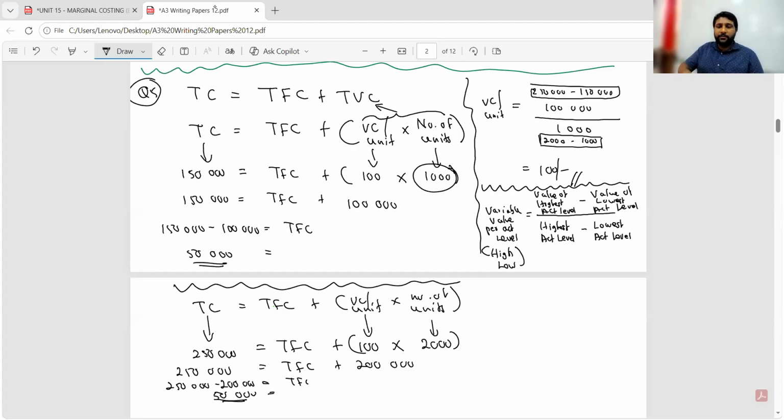First write this up. Then move to this. First do the calculation of the variable cost per unit. Write down. Extra learning, not a problem.